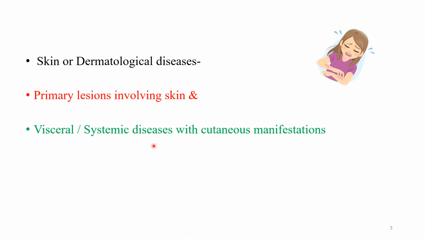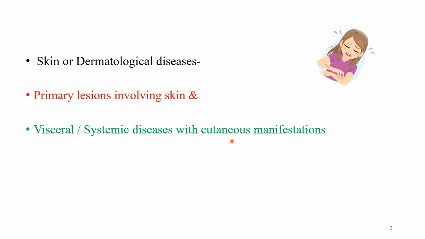Moving on to the topic, the term dermatology means the study of skin diseases. This branch deals with the lesions that primarily affect the skin and also the systemic diseases showing cutaneous manifestations. Being a dentist, why are we concerned about these skin diseases?